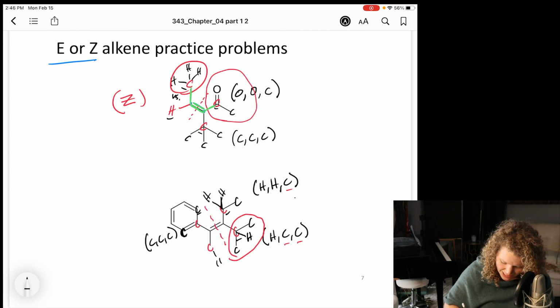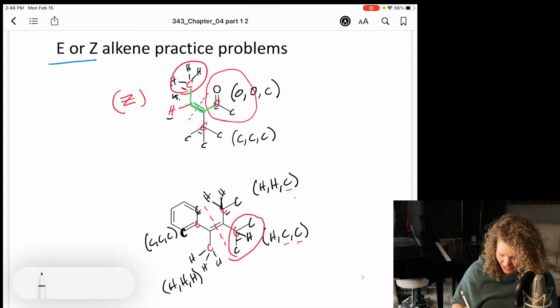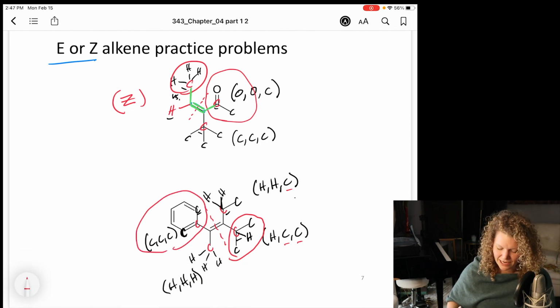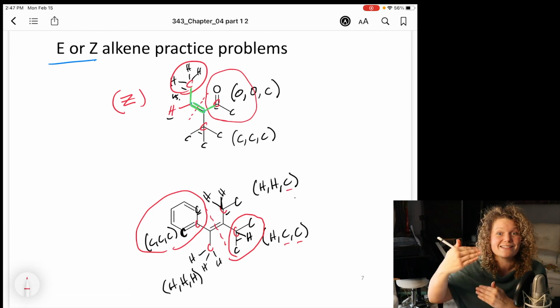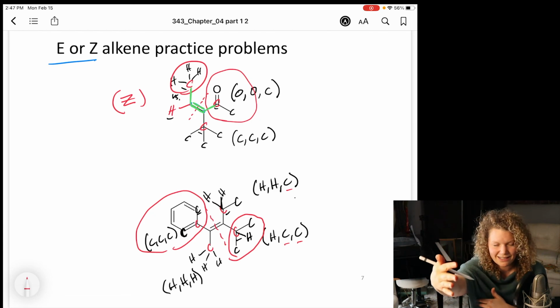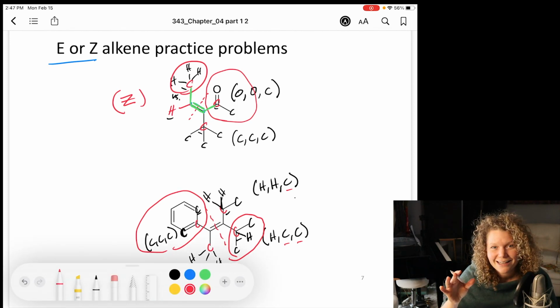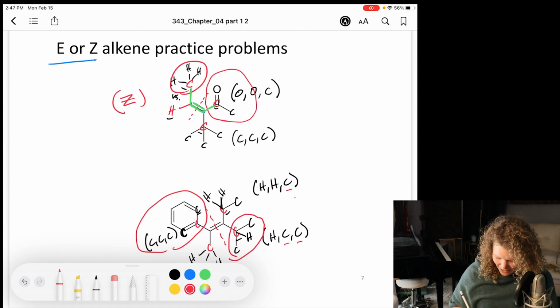So this carbon is bound to H, H, H. You might not have had to write all that out, but I wanted to do this just in case you did. Totally cool to do it. I still do this sometimes. All right, so the top one wins because it has 3 carbons there on that second round. After it tied the first round, the phenyl ring definitely beat the methyl group. But again, you didn't have to memorize that a phenyl ring is a higher priority than a methyl. But eventually, you'll just know that off the top of your head.